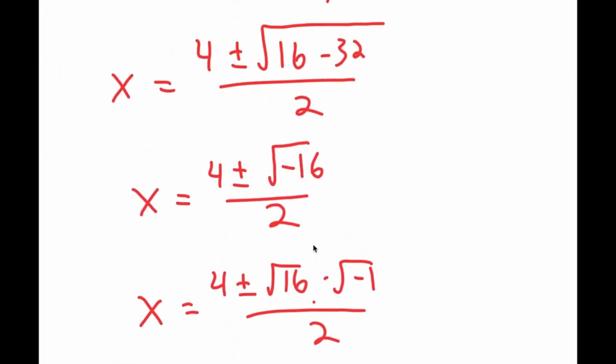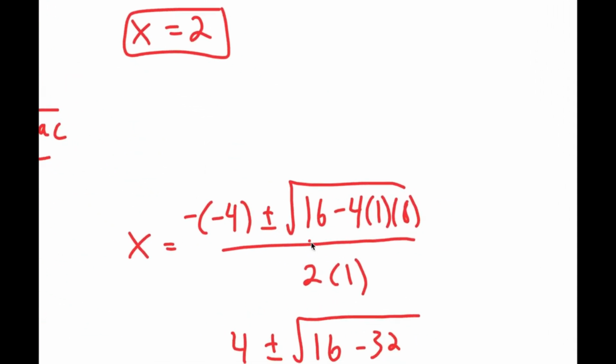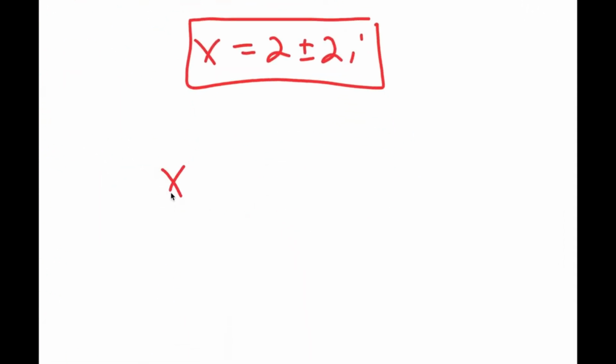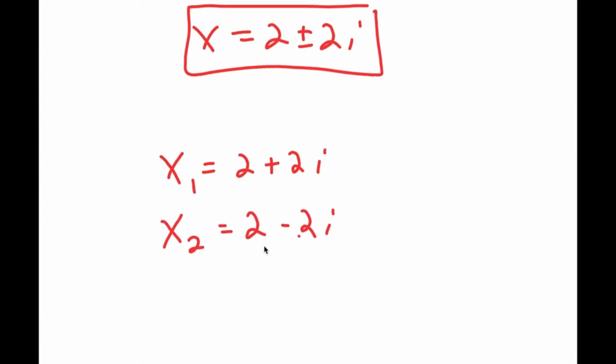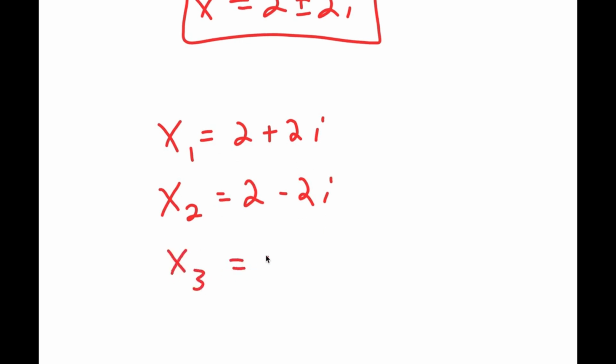So my three solutions for x are x is equal to 2 plus 2i, x is equal to 2 minus 2i, and x is equal to 2.